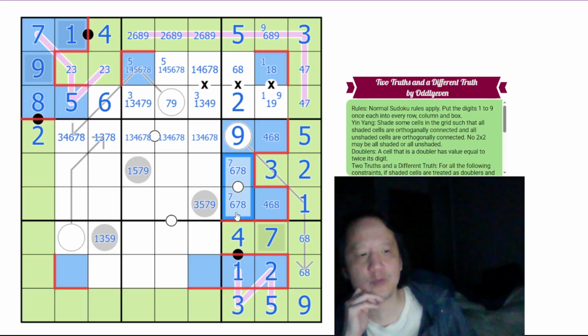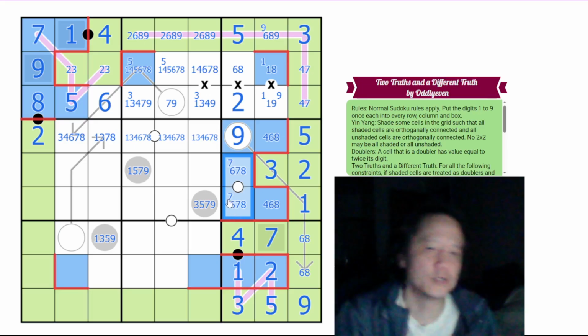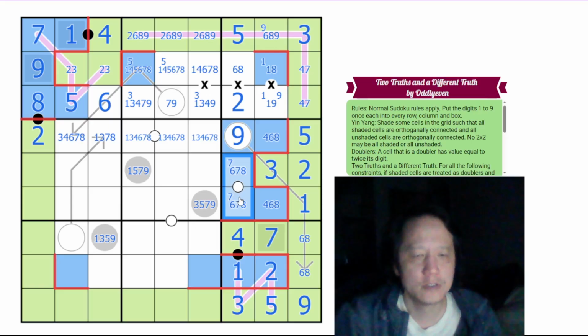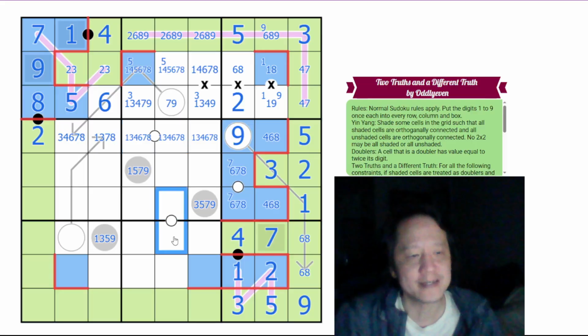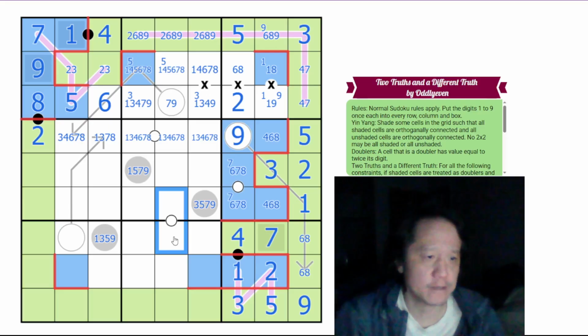So it has to be when blue is not doubled, this works. We don't know if that mixes. One of these then has to be green. One of these has to be green, but we don't know which. It could be both are green, right?